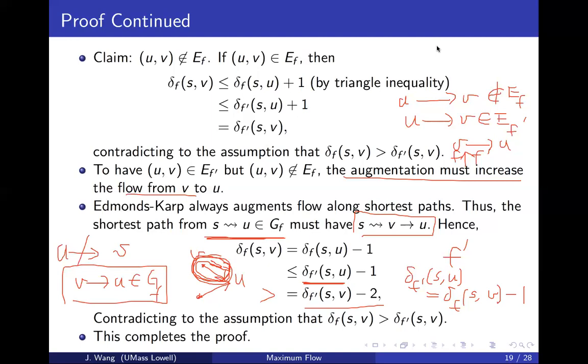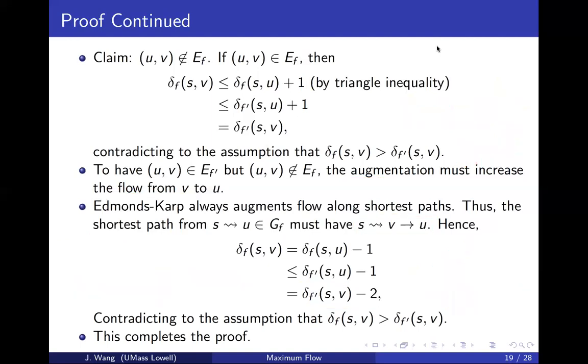So when you remove the minus 2, it is less than delta F prime SV. But our assumption is the opposite. So that's a violation. So the violation indicates that the lemma is true.